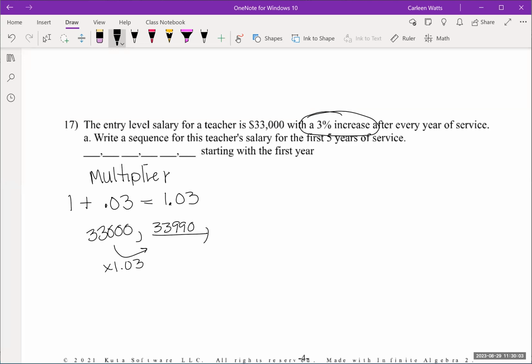Do not clear your calculator. Correct. 35009.7.